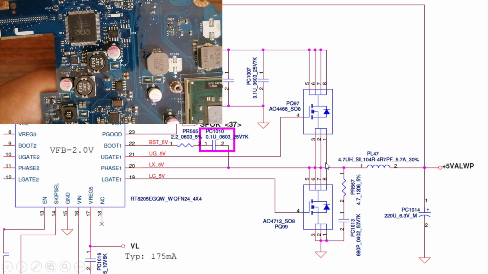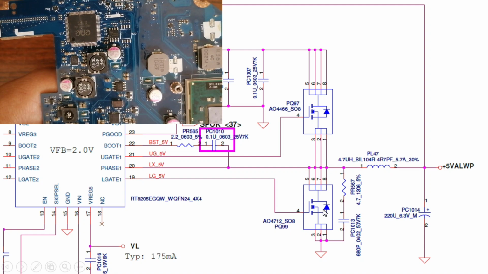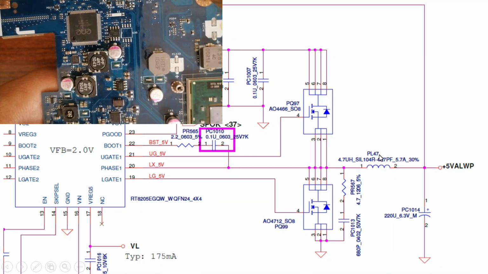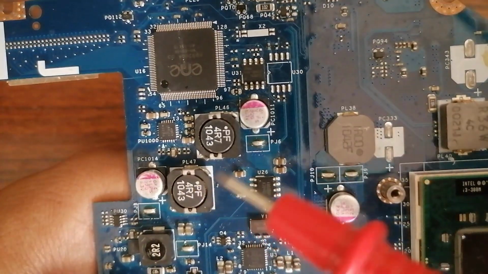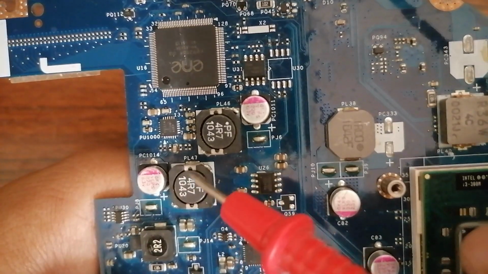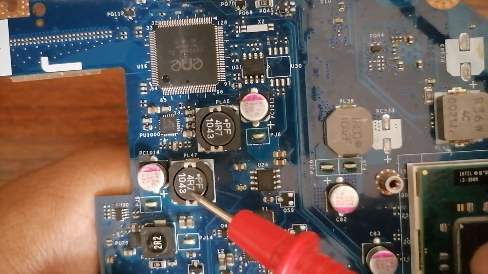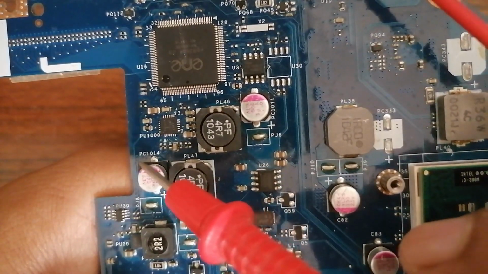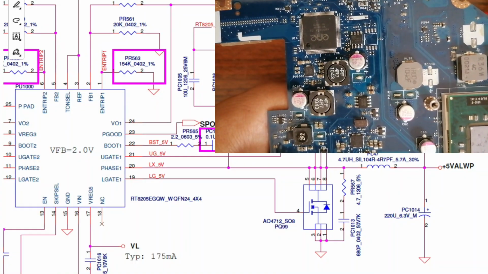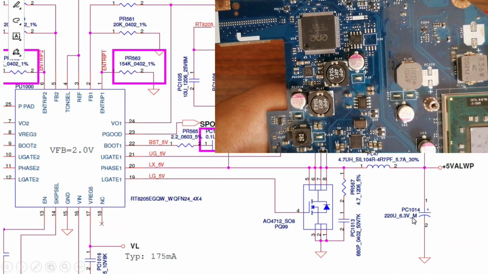Then we have two MOSFETs, as you can see. Then we have inductor PL47. So let's see the inductor. We have PL47. This is the inductor for 5 volt. Then we have, as you can see, PC1014, exactly as we have here in the schematic.